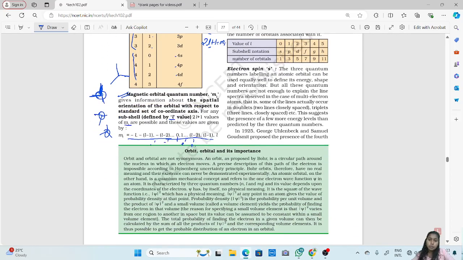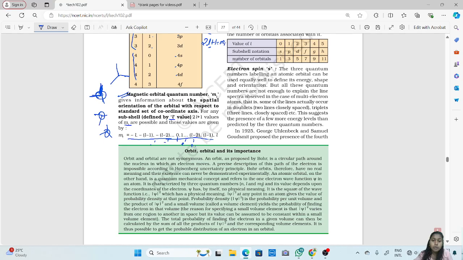Now, electron spin s. The three quantum numbers labeling an atomic orbital can be used equally well to define its energy, shape, and orientation. But all these quantum numbers are not enough to explain the line spectra observed in the case of multi-electron atoms.